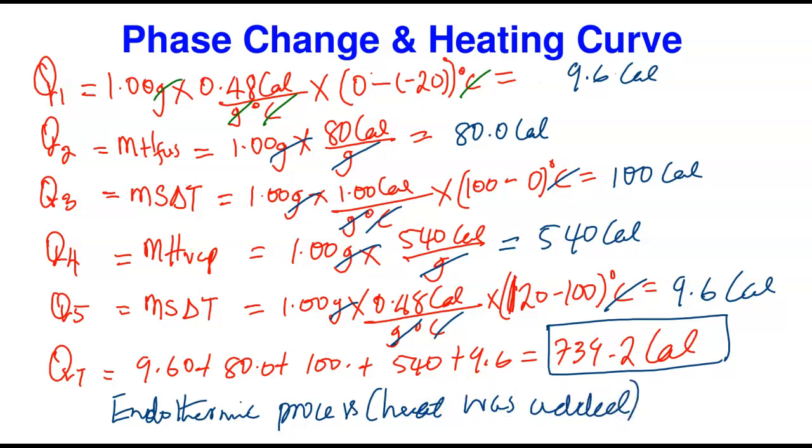And again, remember, when we are doing the cooling curve, assuming we're going to use all these values, the cooling curve will be exactly the same amount of heat, but with a negative sign to become exothermic. Sorry, let me come back again. The heating curve is an endothermic reaction or endothermic process, an endothermic physical change, whereas the cooling curve is an exothermic physical change. All right, and that is how you do those.